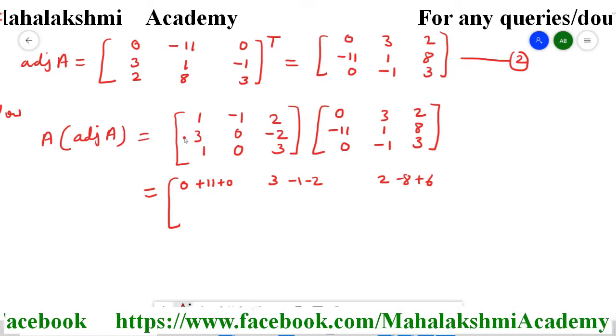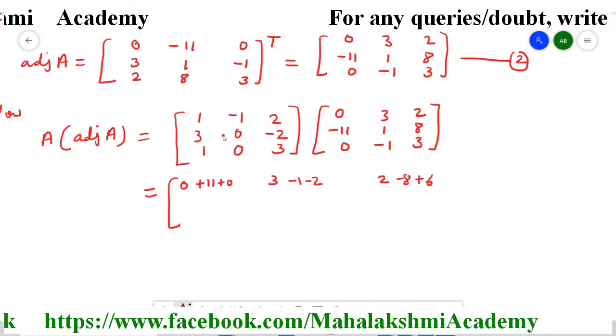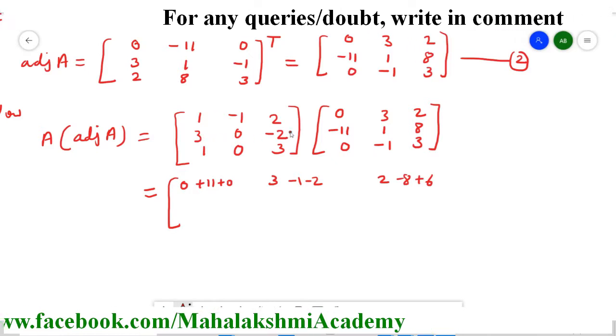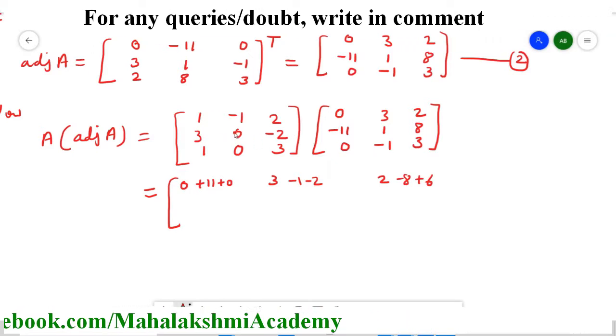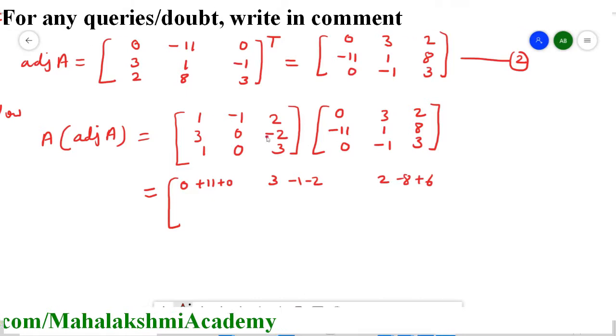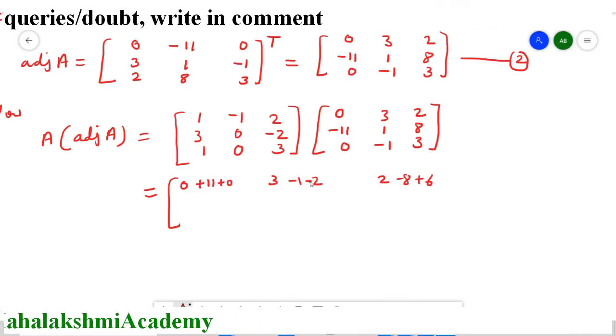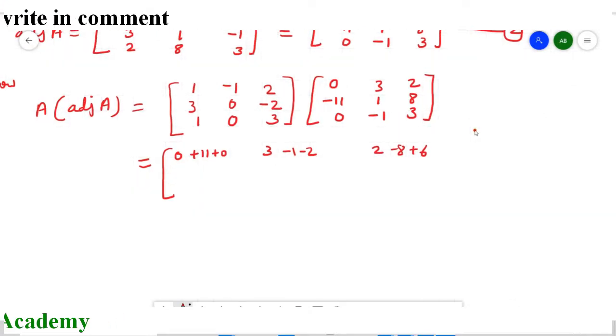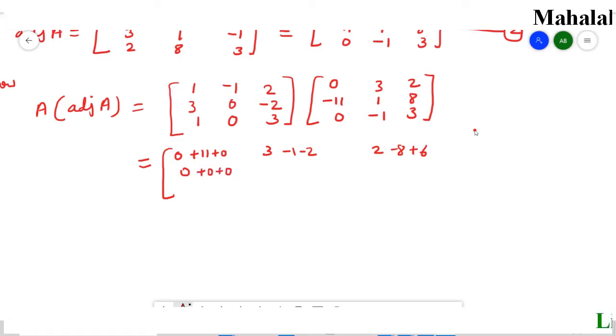Now it's the turn of the second row. The second row will also multiply one by one by all the columns. That is, second row multiplied by the first column, then second row multiplied by the second column, then second row multiplied by the third column, and those entries we will put here. So like this we'll get the answer as 0, plus 0, plus 0.